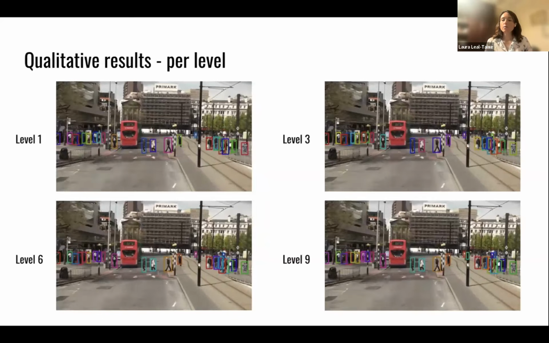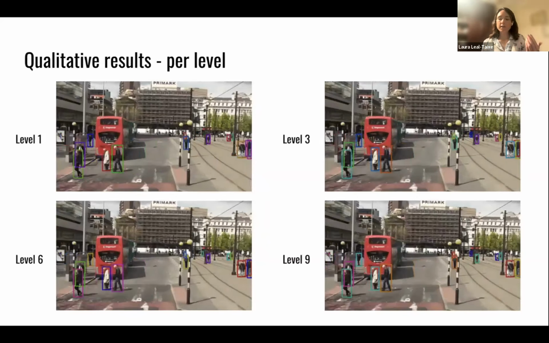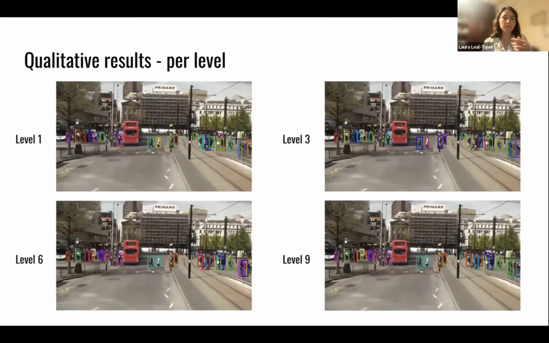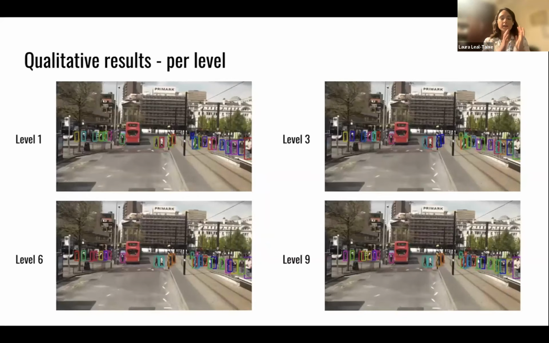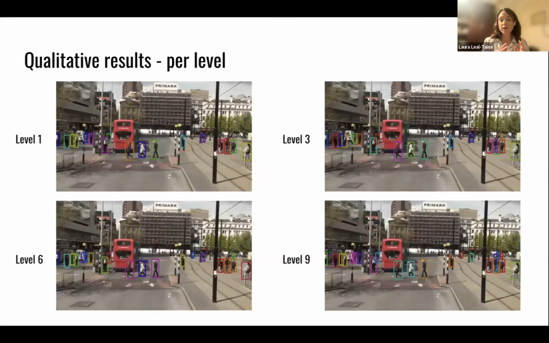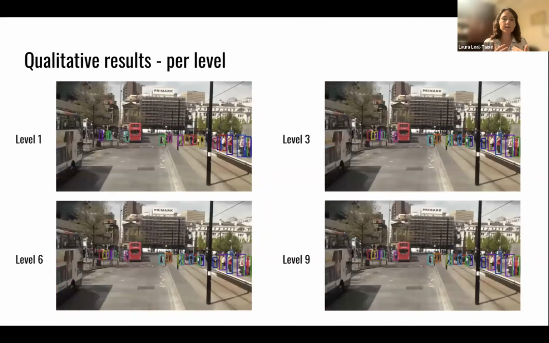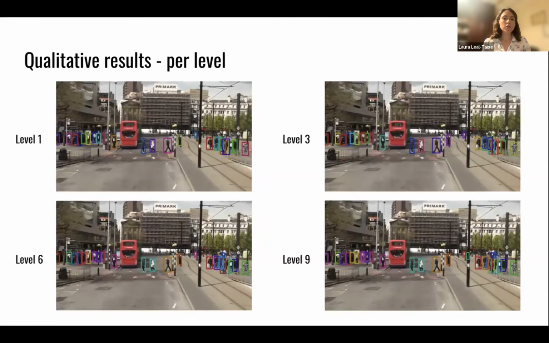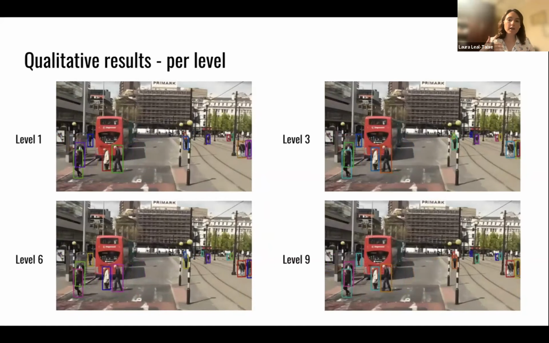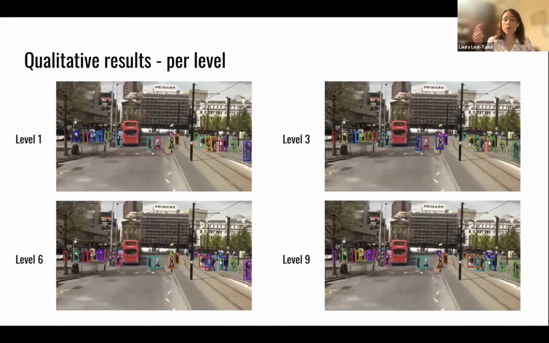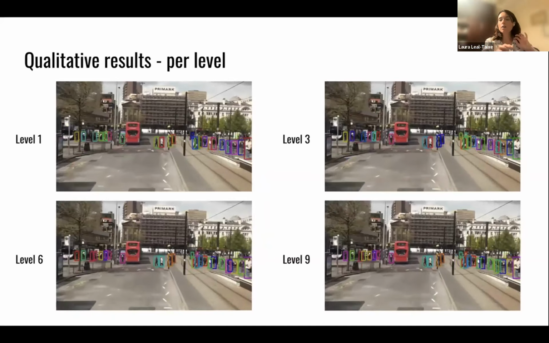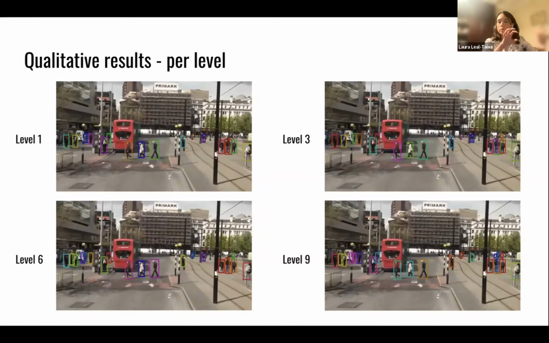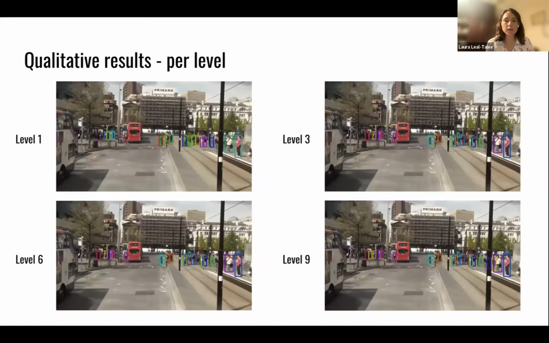I think this is really a huge boost in performance. Now, let's see some qualitative results just to understand what is happening here. At level 1, we're dealing with maybe 5 frames, and we're finding tracklets in these 5 frames, which means that every 5 frames our identity is going to change, because the first 5 frames and the second 5 frames are not really connected. These are 2 different graphs that have been solved.